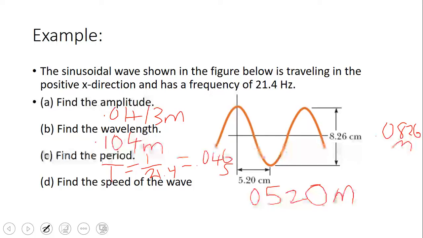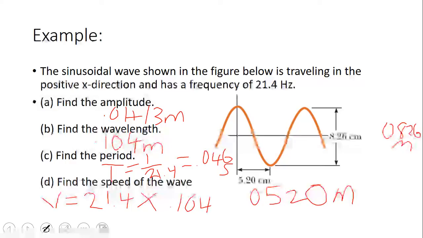And now we find the speed of the wave. We know the speed is equal to frequency times lambda. And we are given frequency and we just found lambda. So then we derive v as equal to frequency 21.4 times lambda 0.104.